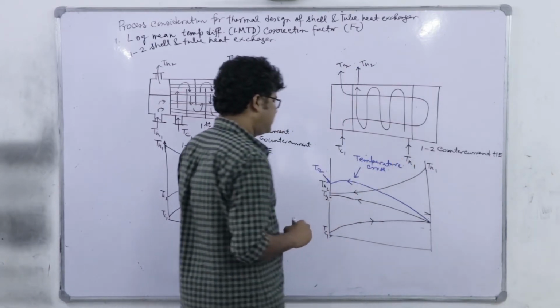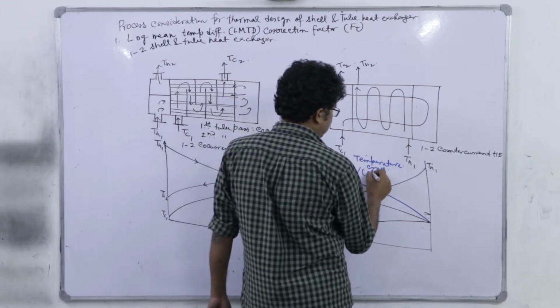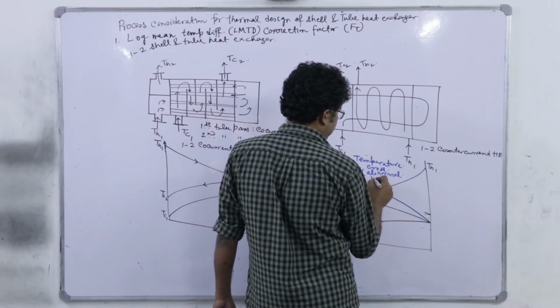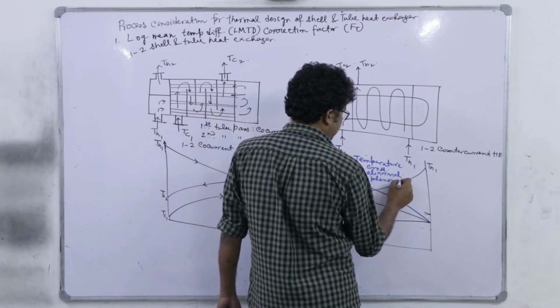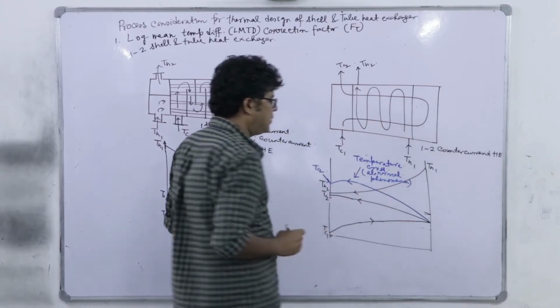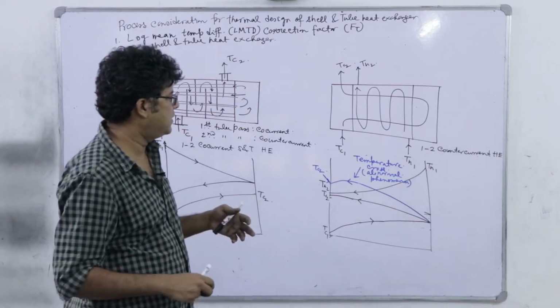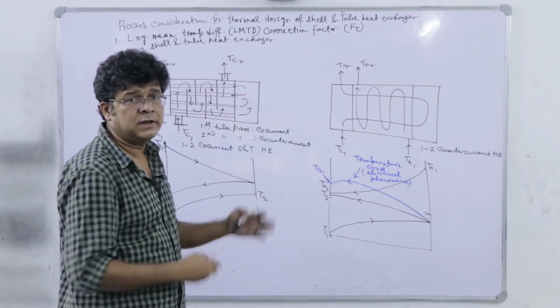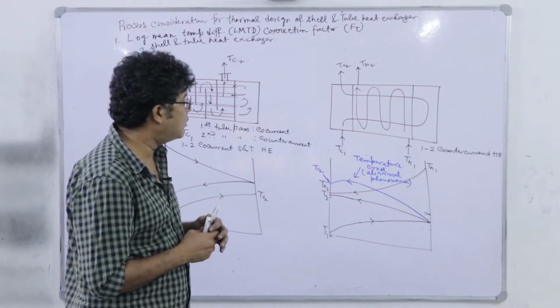Now, why does it happen? This is an abnormal phenomenon, and it can happen in a 1-2 counter current heat exchanger, or at least when in the first pass, the contacting pattern is counter current.